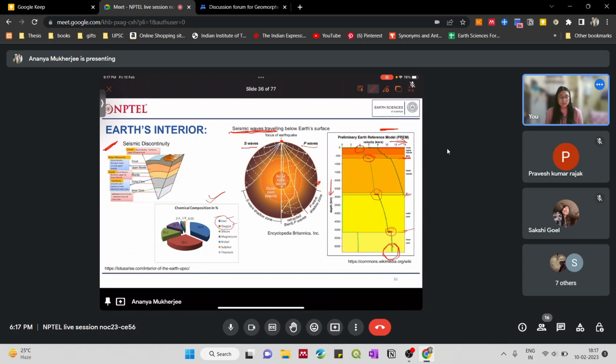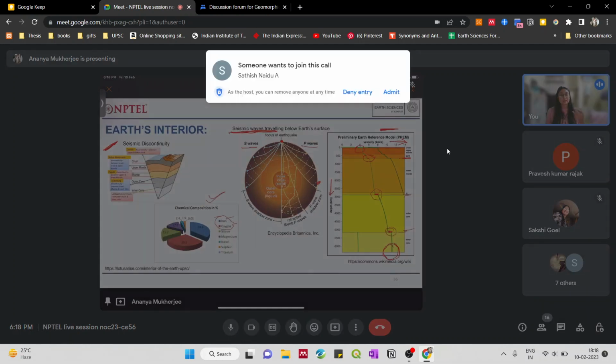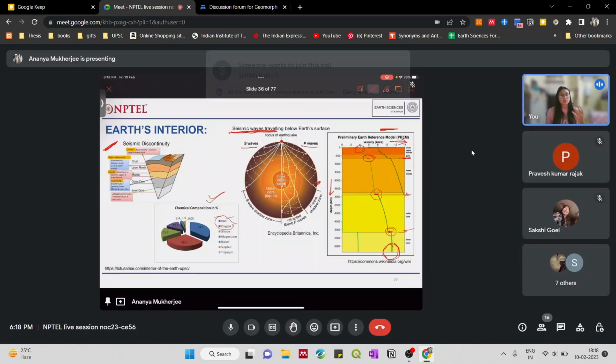Because oxygen mostly combines with the other elements and forms oxides. And the Earth's core in itself, as we will see in the coming slides, is essentially made up of iron and nickel. So this diagram will give you an approximate percentage amount of the different elements that are present in the Earth as a whole.